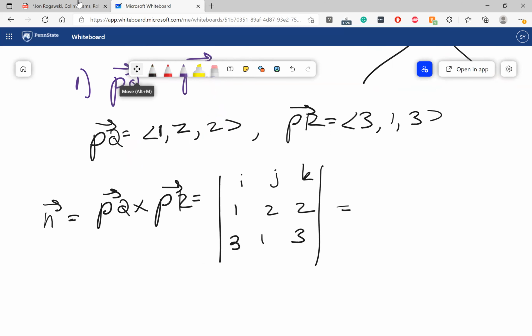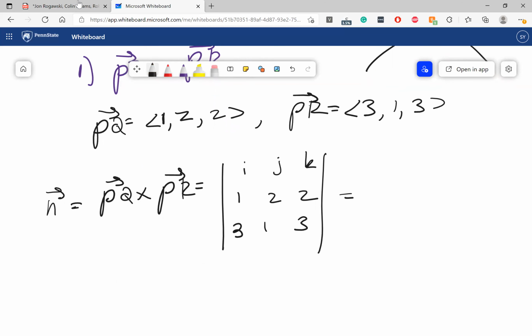Now taking the cross product, we get I times 6 minus 2, minus J times 3 minus 6, plus K times 1 minus 6.